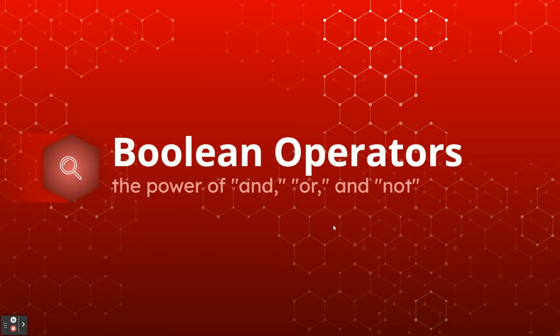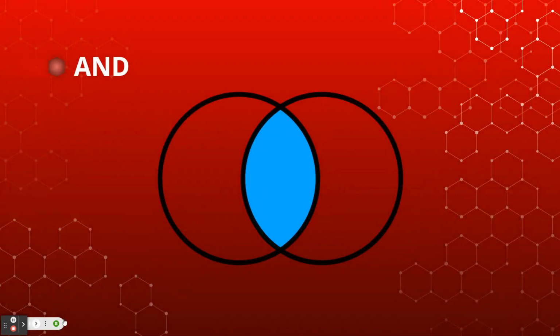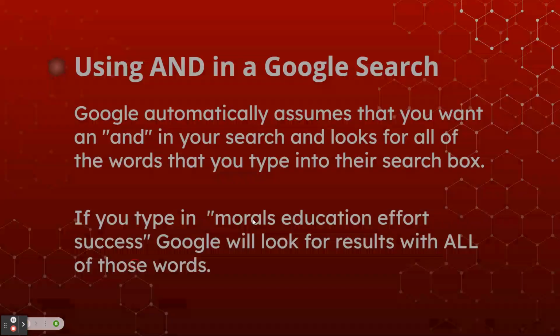Okay, we need to also address Boolean operators before you search. So remember this lesson of the power of and, or, and not. So and, this nice little Venn diagram here, and is like when the things come together, the overlapping part, all of it.